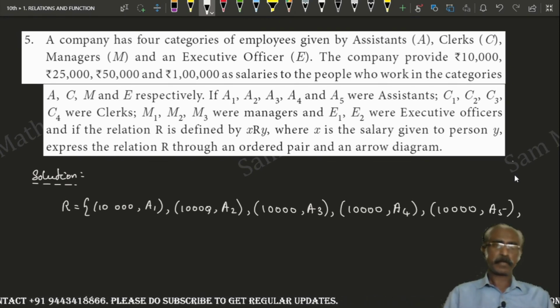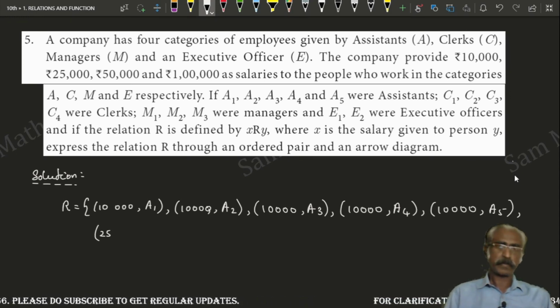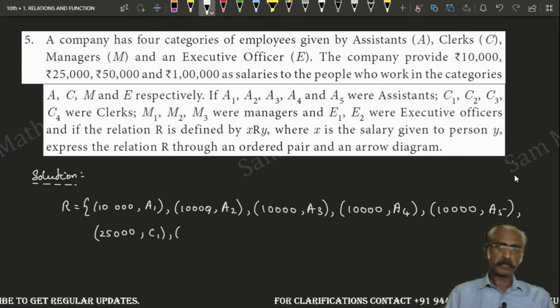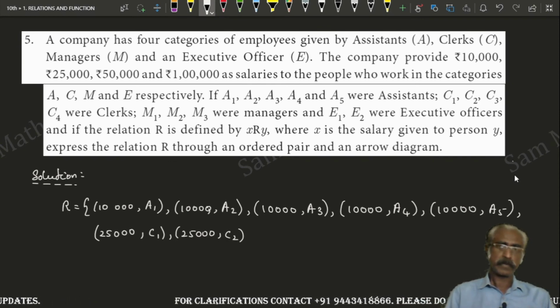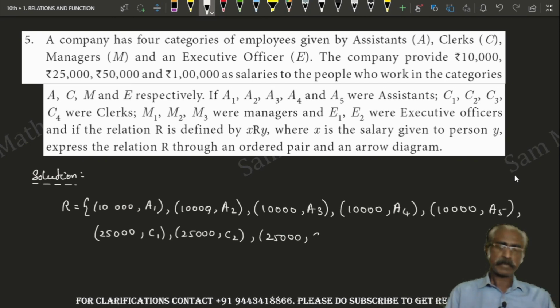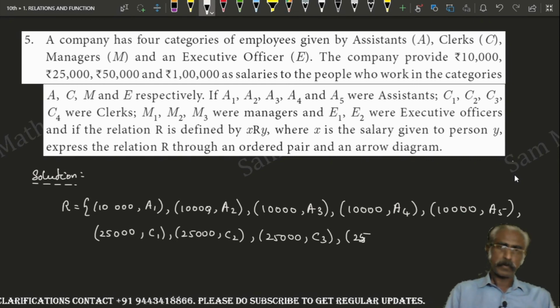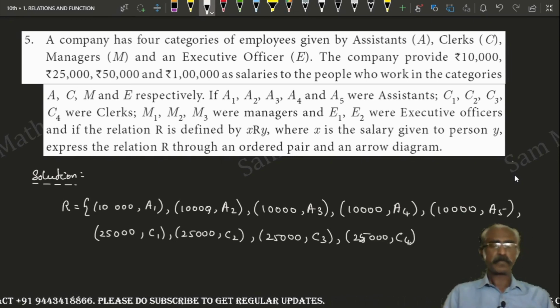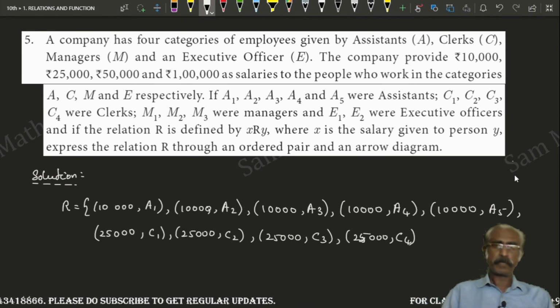Now you can go for clerks. Their salaries are 25,000: (25,000, C1), (25,000, C2), (25,000, C3), (25,000, C4). So 4 clerks. Now managers.